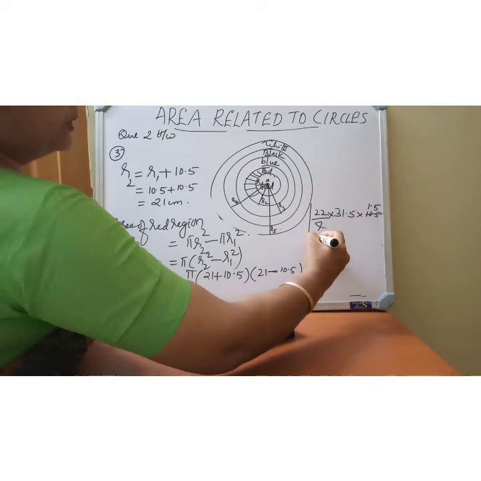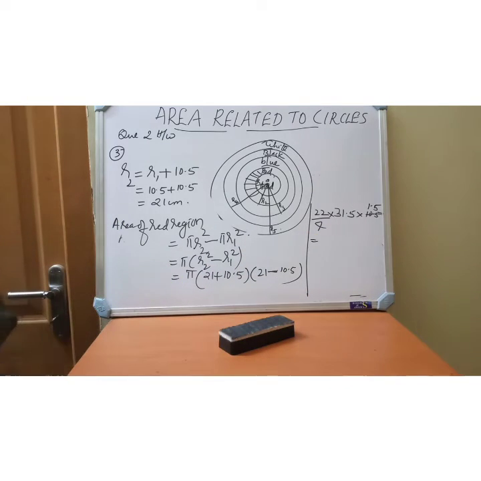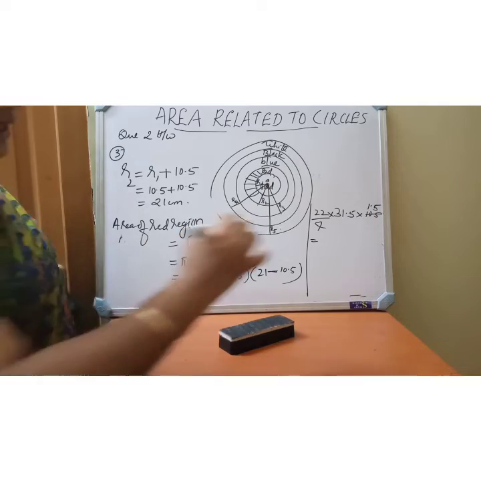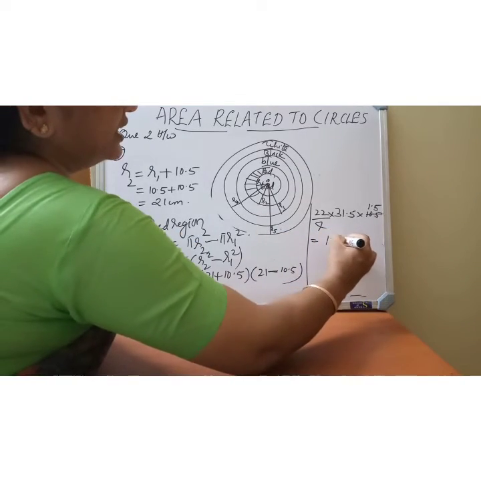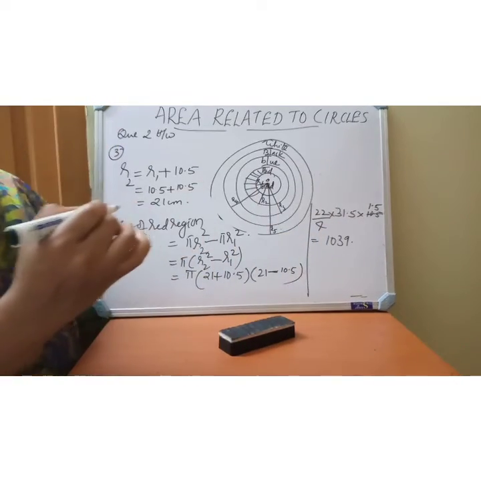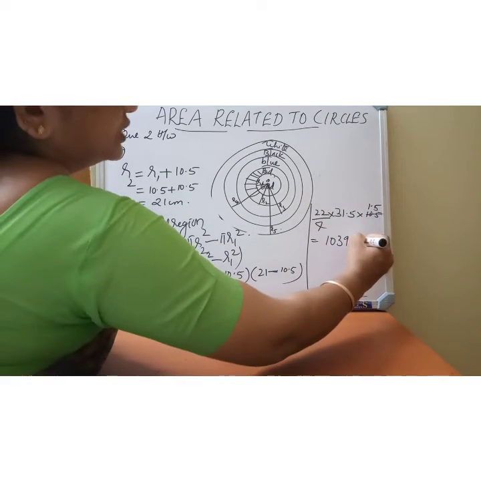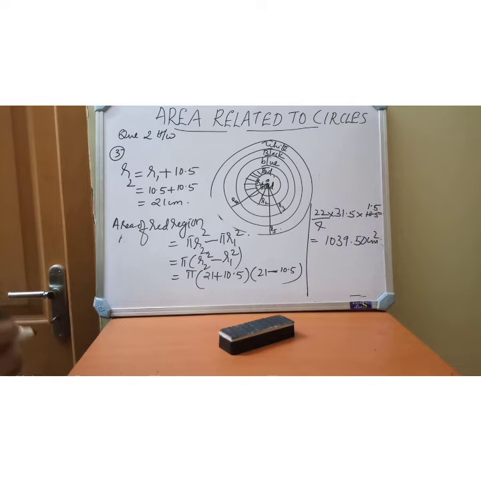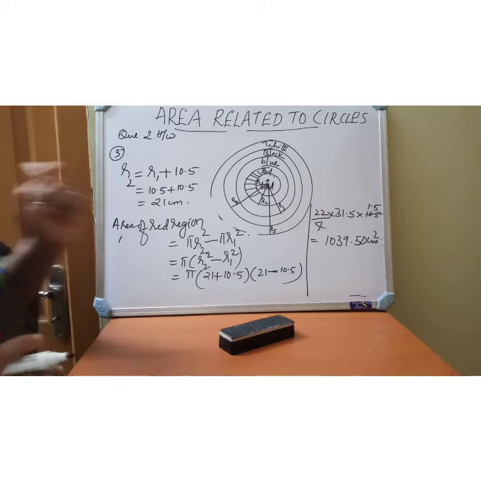So the balance you must multiply, you will get the final answer. So if you are multiplying 22 into 31.5 into 1.5, all of you do the rough column calculation, children. You will get the answer as 1039.50 centimeter square. Okay. So we will get the area of red region.